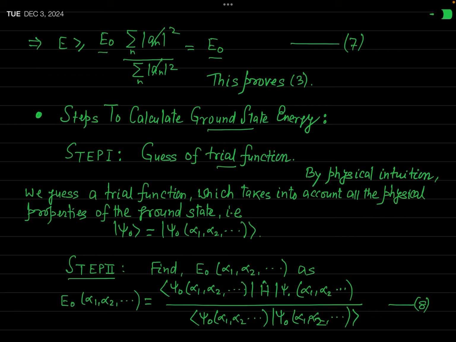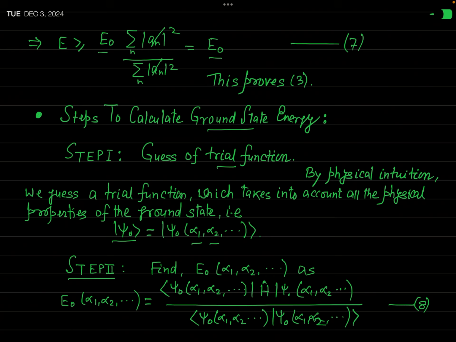For the properties you are not sure about, what you include in the trial function are called adjustable parameters. If these adjustable parameters are alpha 1, alpha 2 and so on, then this ket psi naught will be a function of alpha 1, alpha 2 and so on.